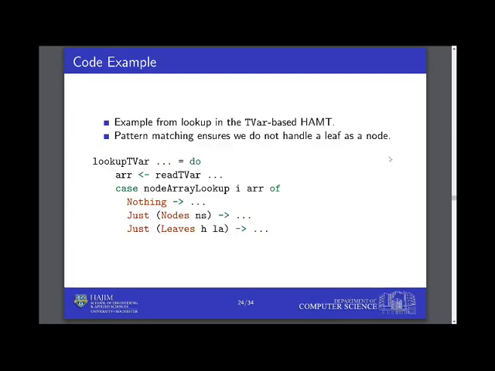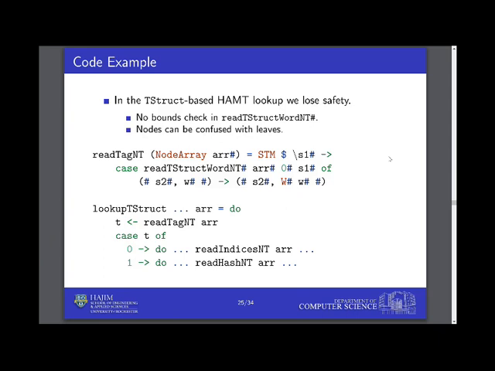So what does the code look like? To do a lookup in the TVar one, we access the TVar, and then we can do pattern matching like normal, and write our programs pretty much like we would expect Haskell programs. In the TStruct version, we build up a little bit of an API for accessing things and give meanings to particular fields.